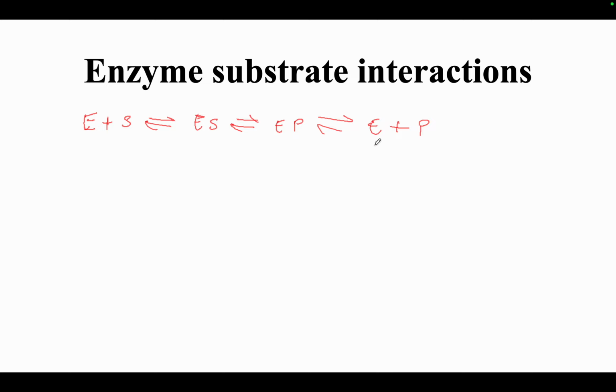And this enzyme can further convert other substrate molecules into the enzyme substrate complex, and this reaction continues until we have maximum product formation. So this is the enzyme substrate reaction, and there could be many interactions which occur between enzyme and substrate.